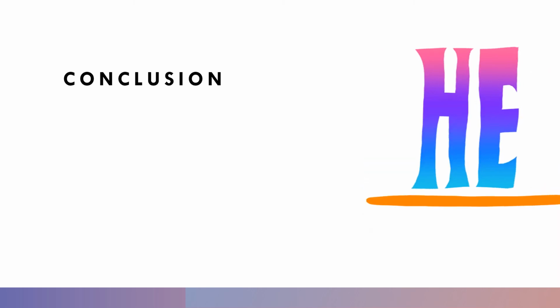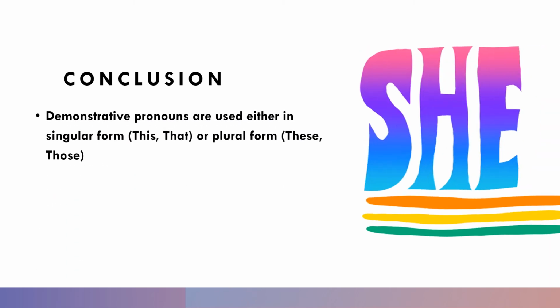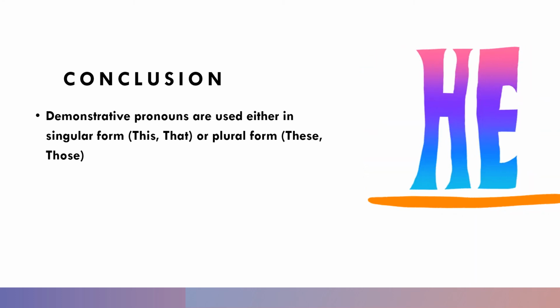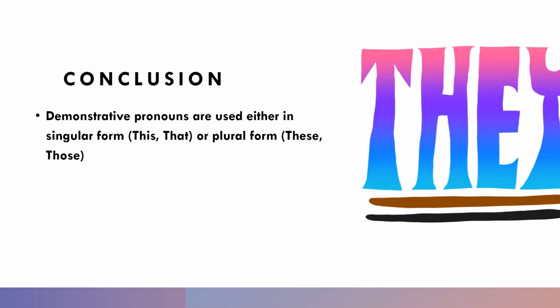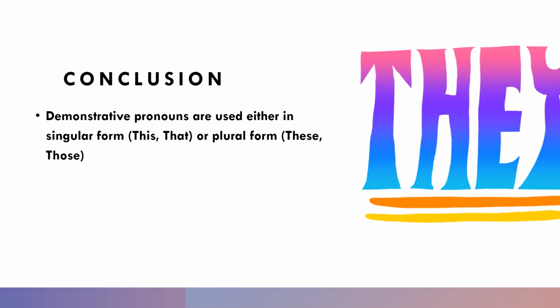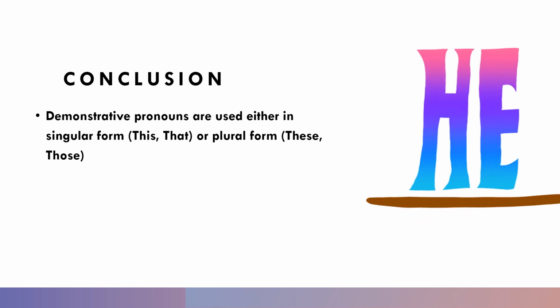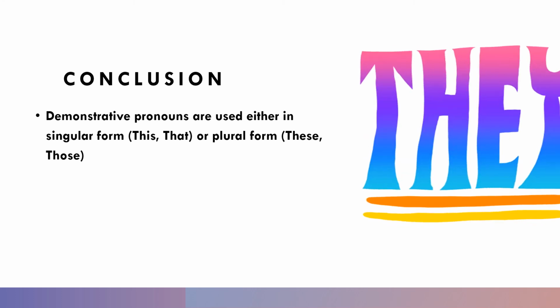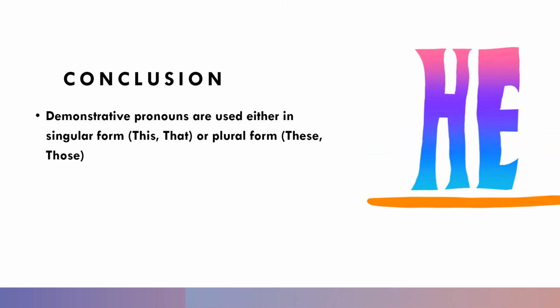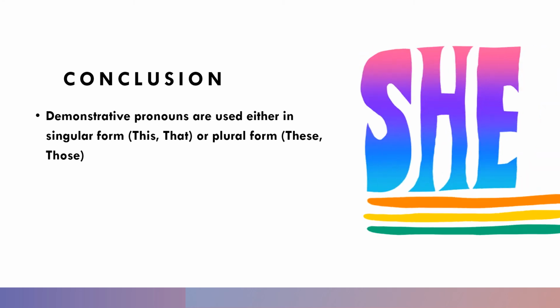Our presentation or lesson today. First, demonstrative pronouns are used either in singular form, which is this and that, or plural form, these and those. What makes them different is the distance when you show the thing. Or you can translate it to Bahasa itu or ini, to make it easier.